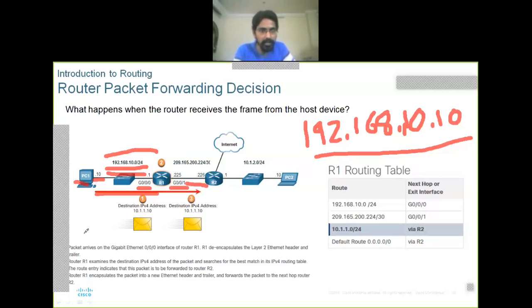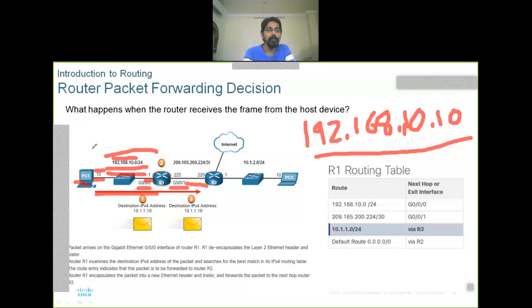Observe the addresses. What is the address for PC1? First, read the network address, 192.168.10, and after that the host portion. So it is 192.168.10.10. Next, what is the router address here? 192.168.10.1. Right, so the router address is 192.168.10.1 and the PC1 address is 192.168.10.10.